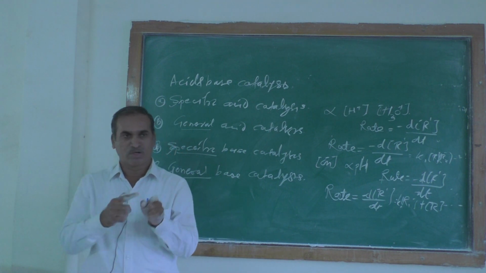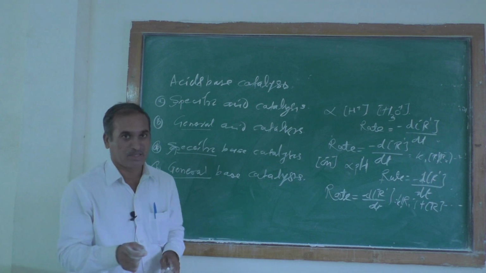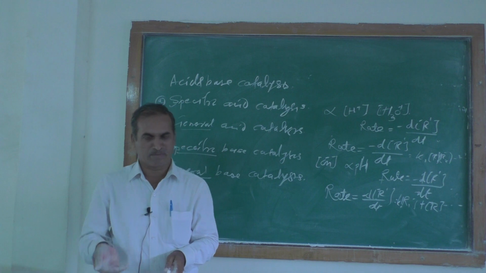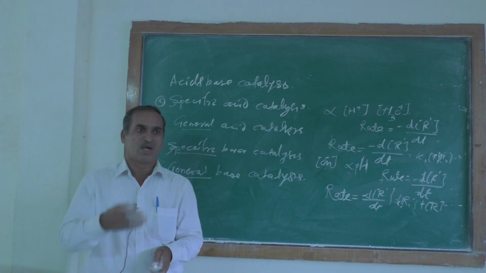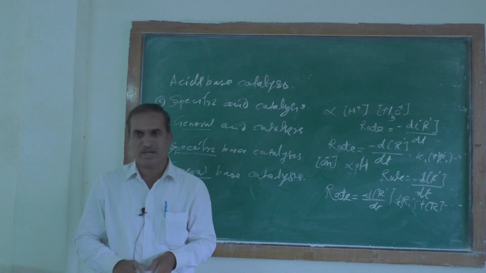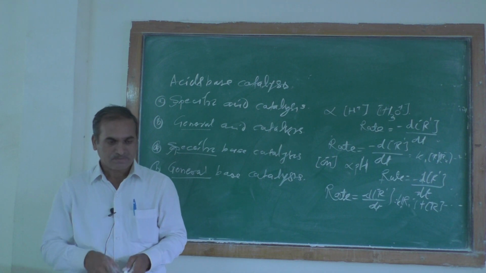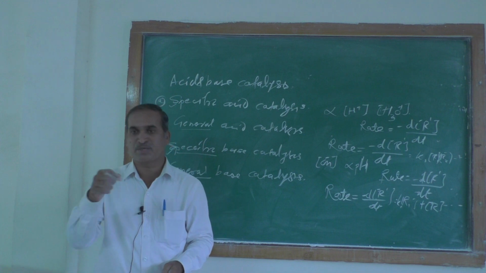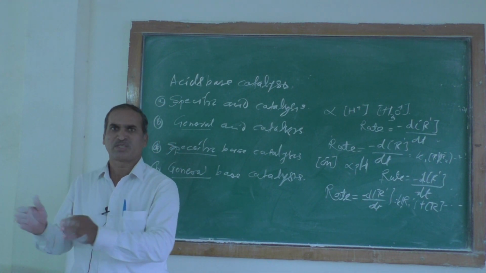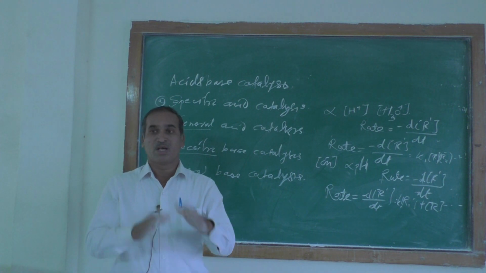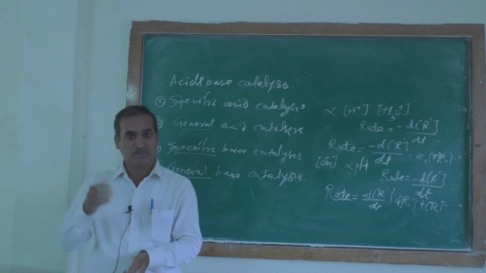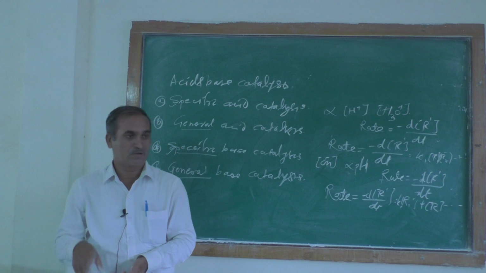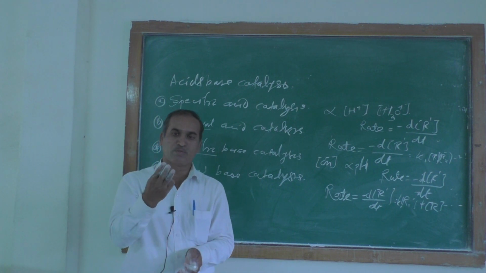A 1 mark question may be like this: define the acid or define the base according to Lewis acid or Arrhenius theory, or what is specific acid catalysis, what is specific base catalysis. A 2 mark question may appear in question number 3 and question number 4.